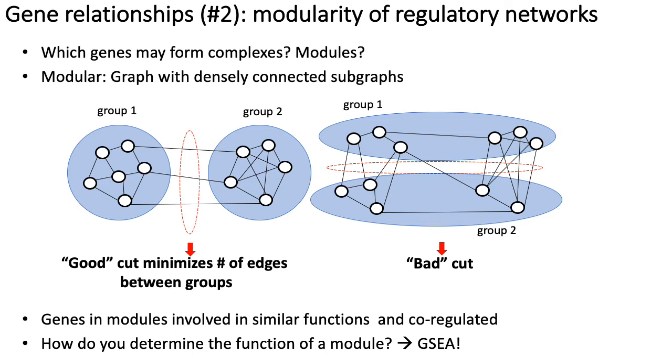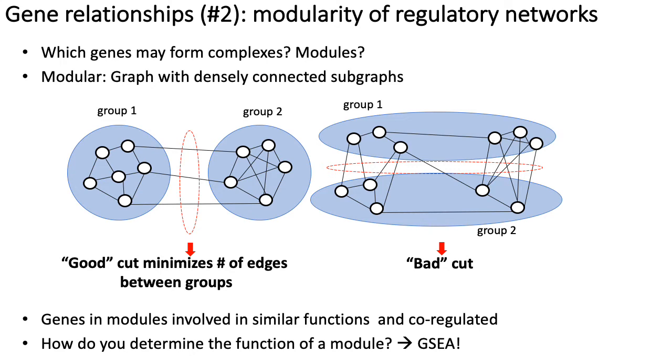And in both the left and the right case, I've divided the graph into two communities just to make this example easy to understand. And so on the left, if those are my two groups that I've defined, then in order to completely separate these two groups or communities, I would only have to cut basically three edges in this graph in order to separate them.